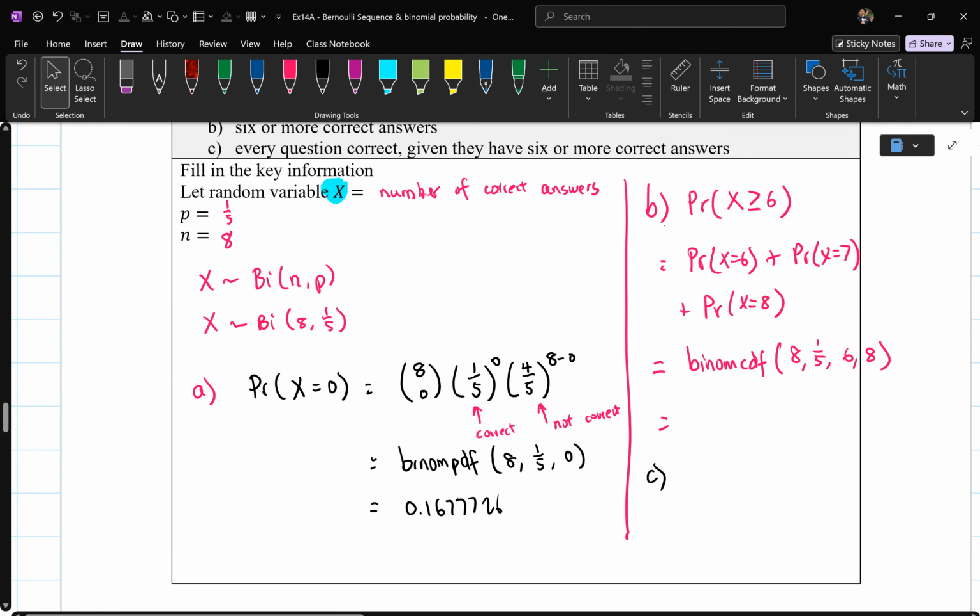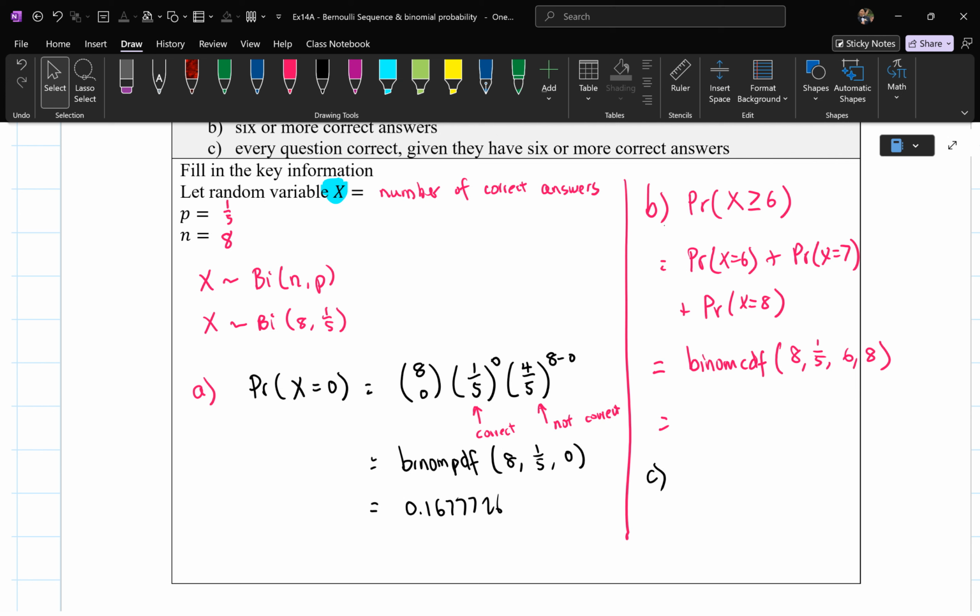Last one for today so that you can have half an hour to yourself. C. Every question correct. So you want every question to be correct, given that they have 6 or more correct answers. So this is saying I want the probability of every question correct, means X equals 8, given that X is already greater than or equal to 6. That's what it's asking.